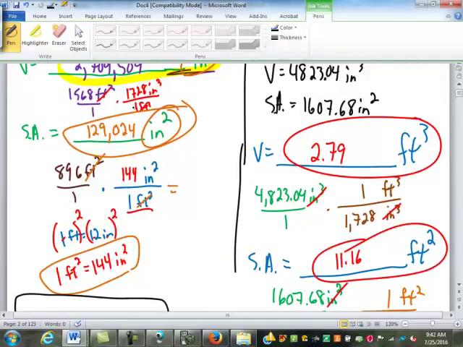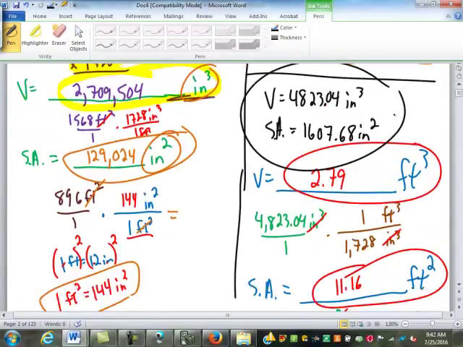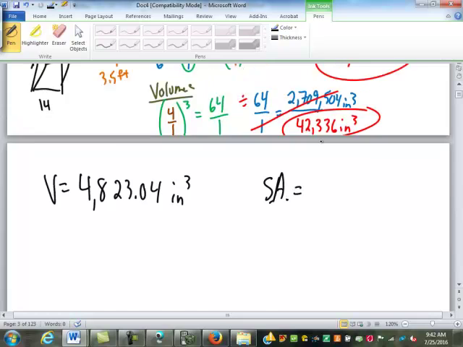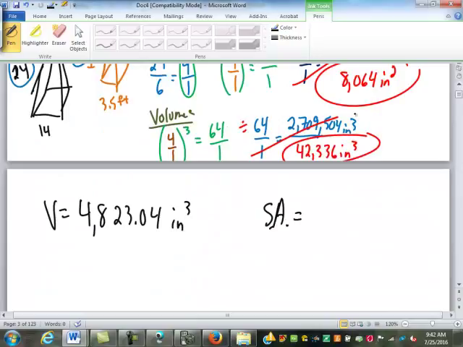Well, let's try it over here. We had a volume of 482,304 cubic inches, and we had a surface area of 1,607.68 square inches.